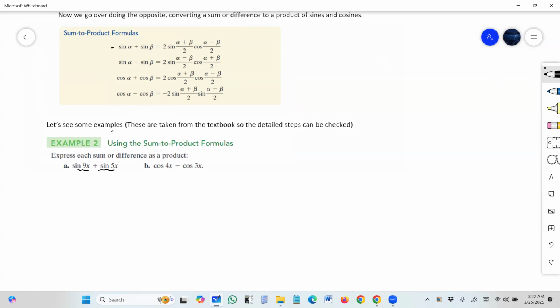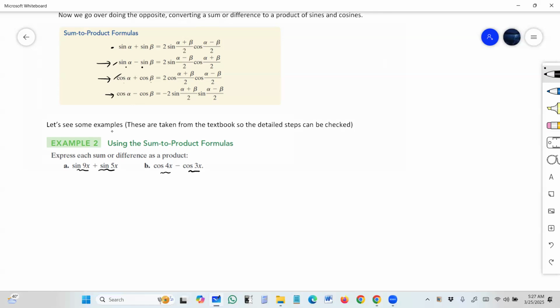That would be the first one. If I have the difference of two cosines, I would use the last formula. The same applies for the other two. The difference of two sines would be the second, and the sum of two cosines would be the third.